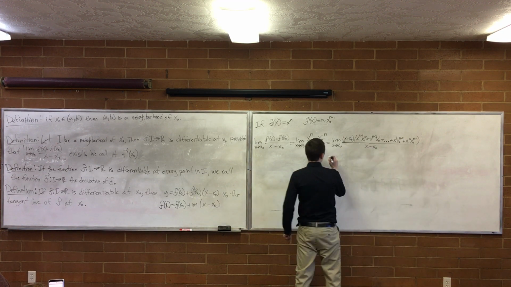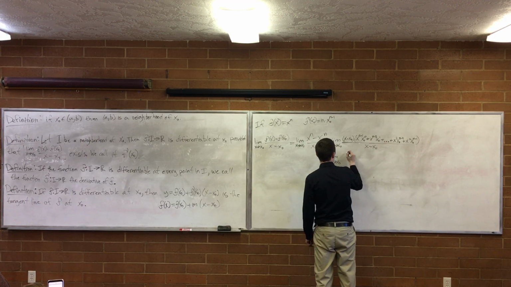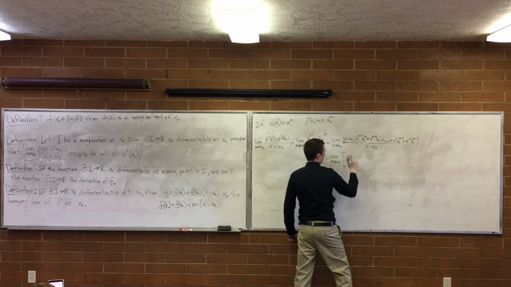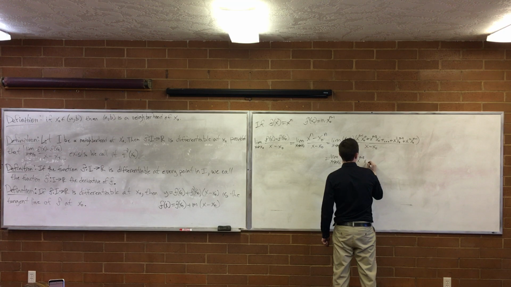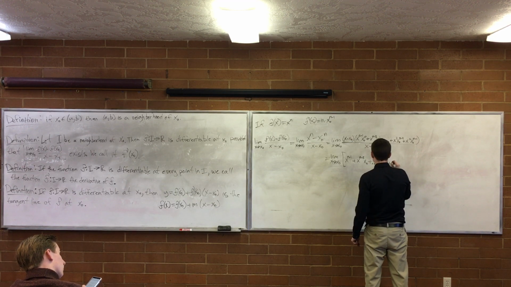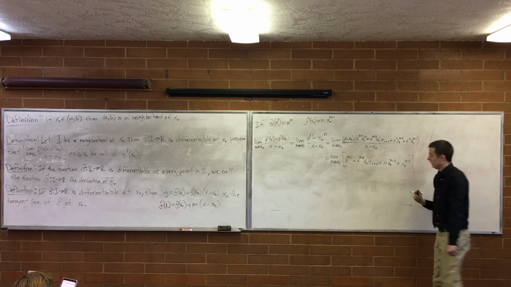So this is equal to the limit as x approaches x naught of just this thing: x to the n minus 1, plus x to the n minus 2 times x naught, plus dot dot dot, plus x times x naught to the n minus 2, plus x naught to the n minus 1. Okay, you good with that?